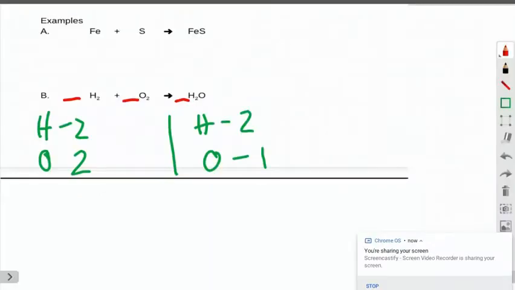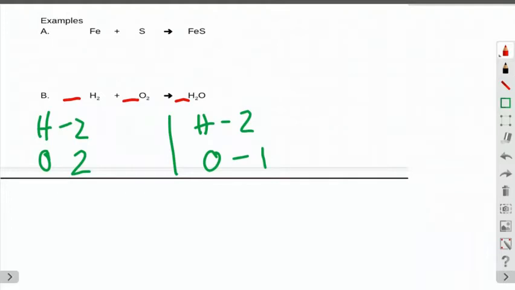I had to move this over a little bit, but it looks the same as what we did before. Once we realize that the number of atoms aren't equal on the reactants and the product side, this is where we now have to start adding coefficients. When you are starting your process of adding coefficients, this is where really inspection comes into play.